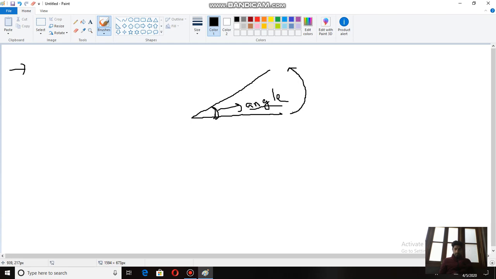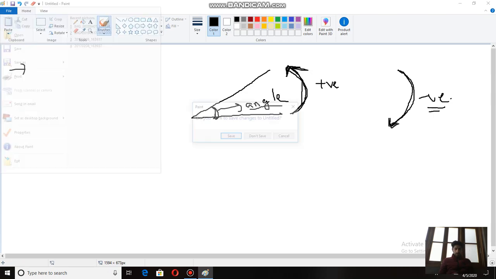That means if we measure any angle in anti-clockwise direction, in this direction, we take that angle as positive, and if we measure in clockwise direction like this, we take that angle as negative. I hope it's clear. Anti-clockwise direction, angle is taken as positive, and clockwise direction, angle is taken as negative.